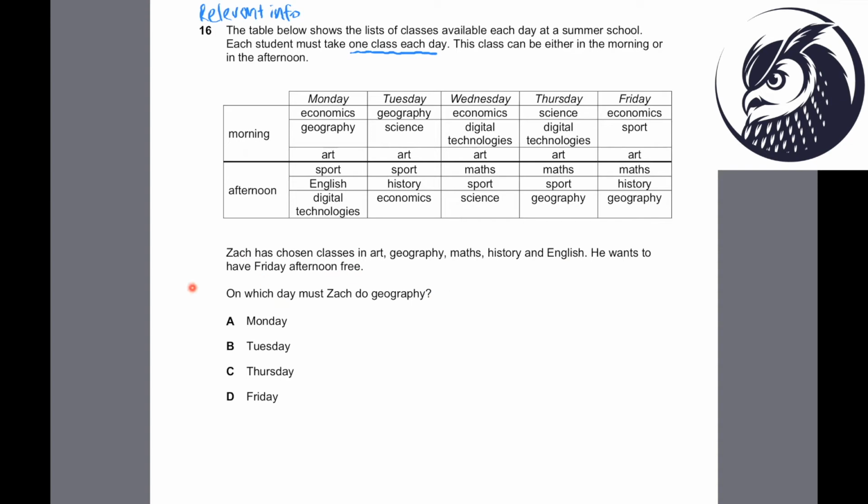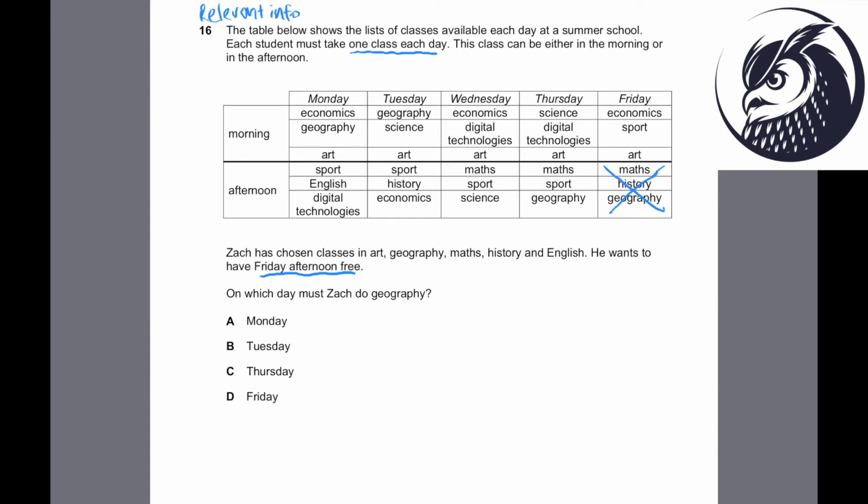So like I said, one of the best ways to approach these types of questions is just to get rid of the information that you don't need to know or care about. So we already know that Zach wants to have Friday afternoon free. That means he won't be taking any of these classes, right? So I can just draw a big X through that. And we know he's only interested in art, geography, maths, history, and English. Now, remember, he needs to take a class on each day.